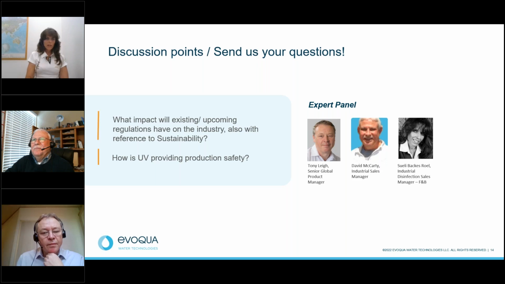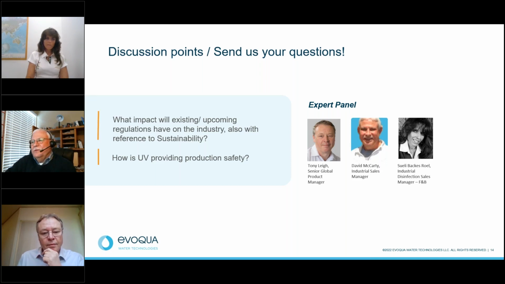I think so. But I'll take up the second point, which also has to do with sustainability. We talk about how UV is providing production safety. UV is considered environmentally friendly because it doesn't add chemicals to the water.